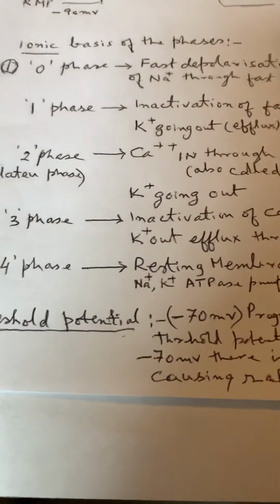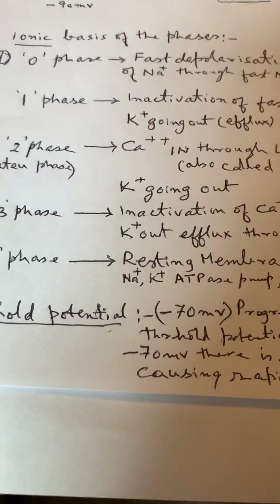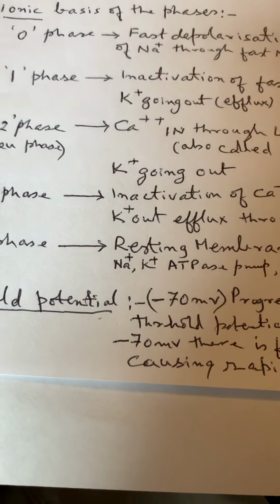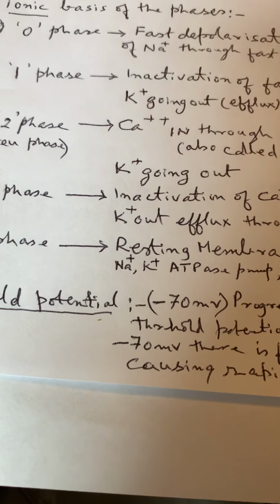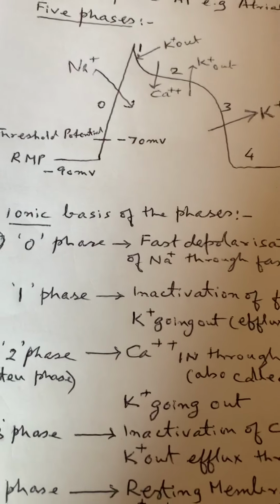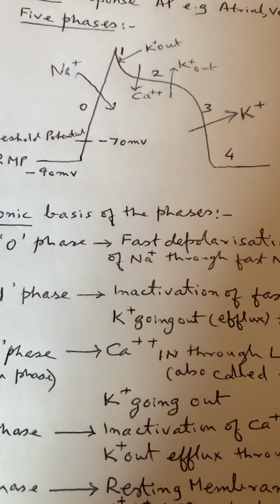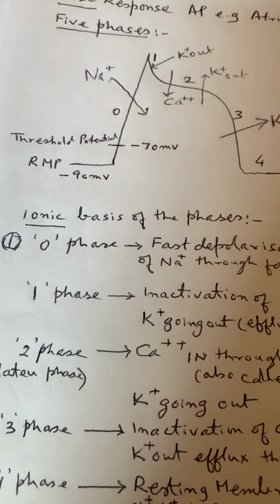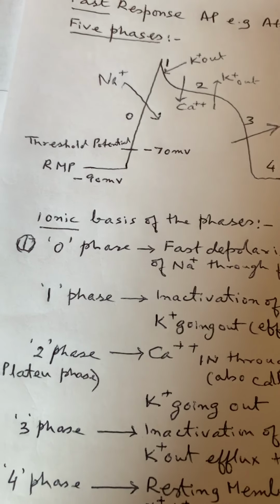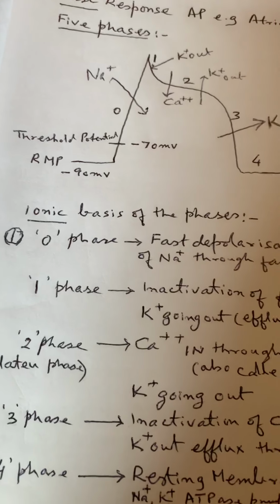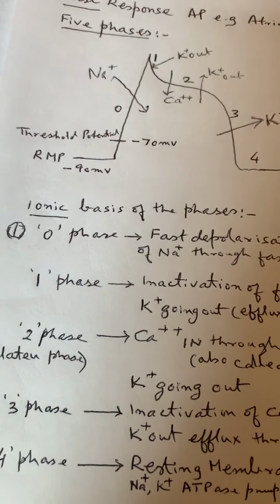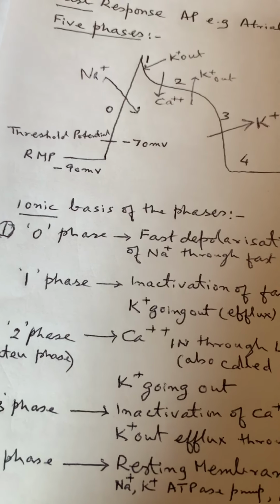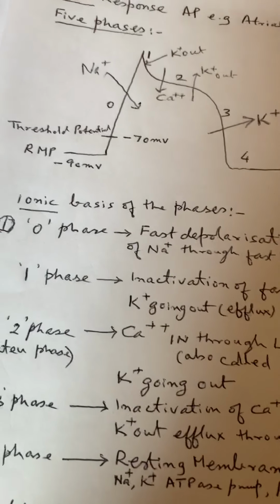Now, what is threshold potential? Threshold potential is minus 70 millivolt. If you see in the diagram, minus 90 is the resting membrane potential. Then there is opening of sodium channels and sodium enters, but very little. When it reaches minus 70, there is a rapid entry of sodium.